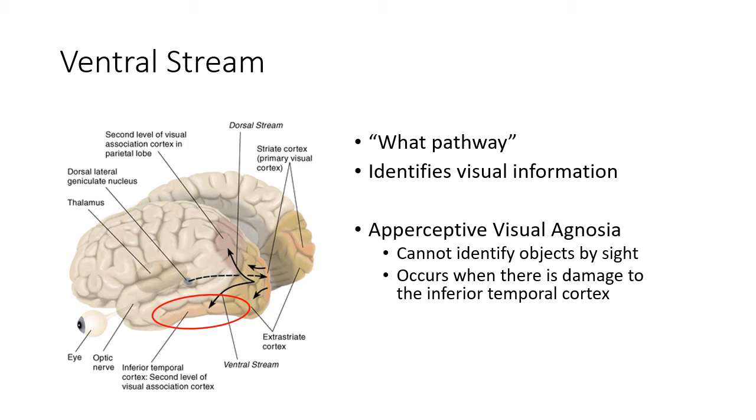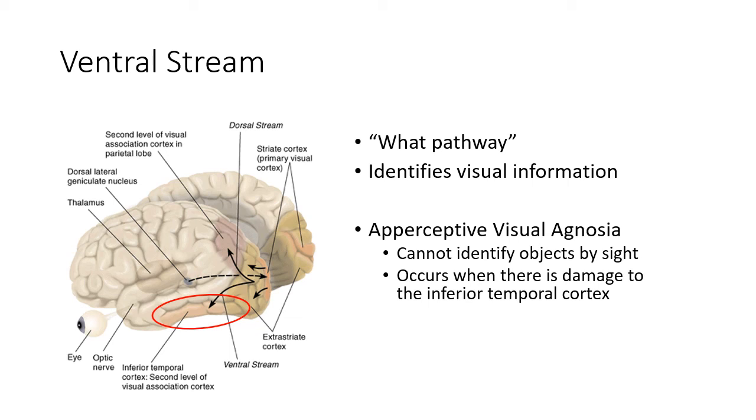Conversely, the ventral stream is the what pathway. So the what pathway is identifying visual information, telling us what we're seeing. If the dorsal stream tells us where the information is, the ventral stream tells us what the information is.